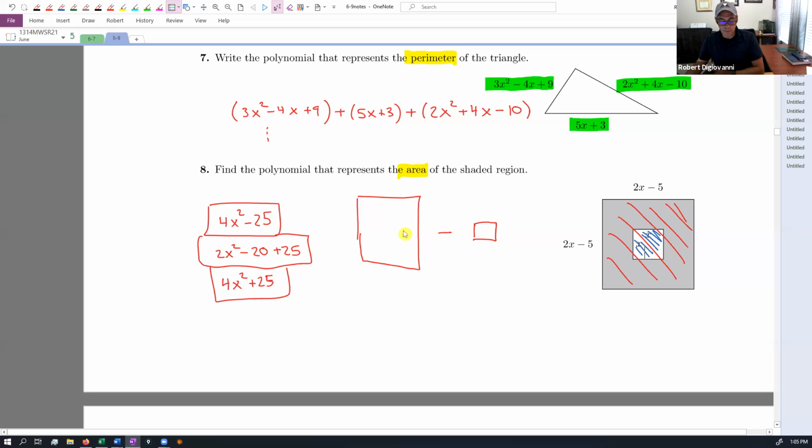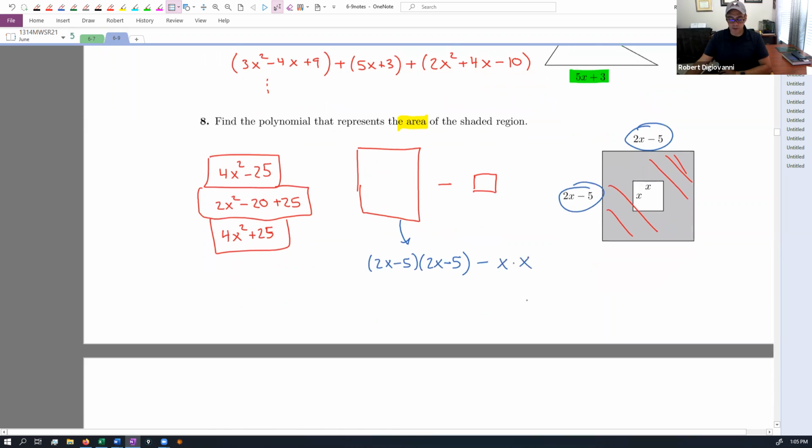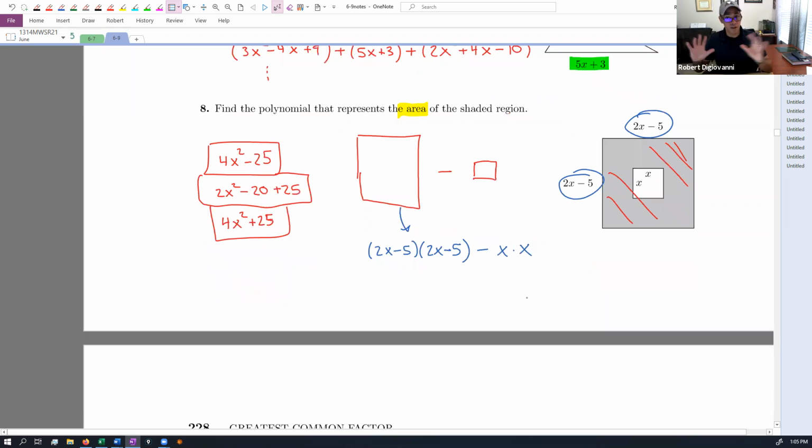The area of the big rectangle will be this side times this side, so that's 2x minus 5 times 2x minus 5. Then subtract from it the area of the inside one, which has sides x and x. That's just x times x, which will be x squared, but I'm just going to leave it like that. Does that make sense to everyone?